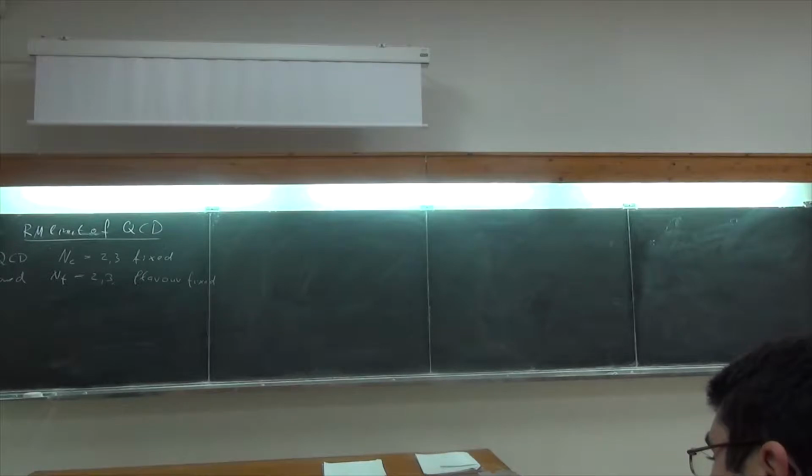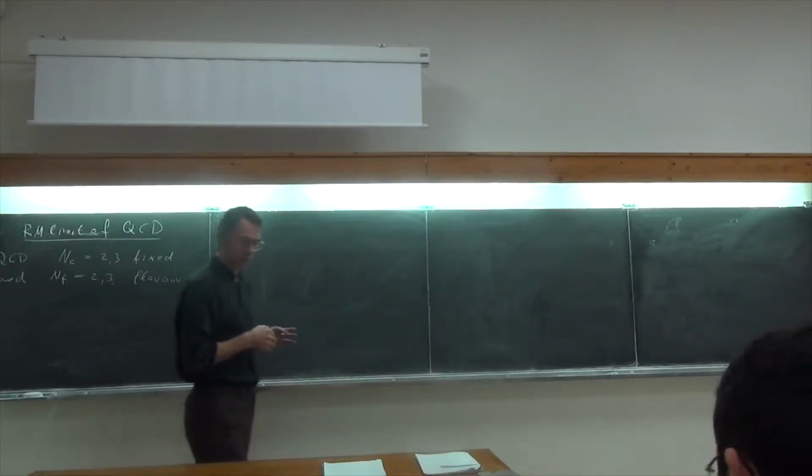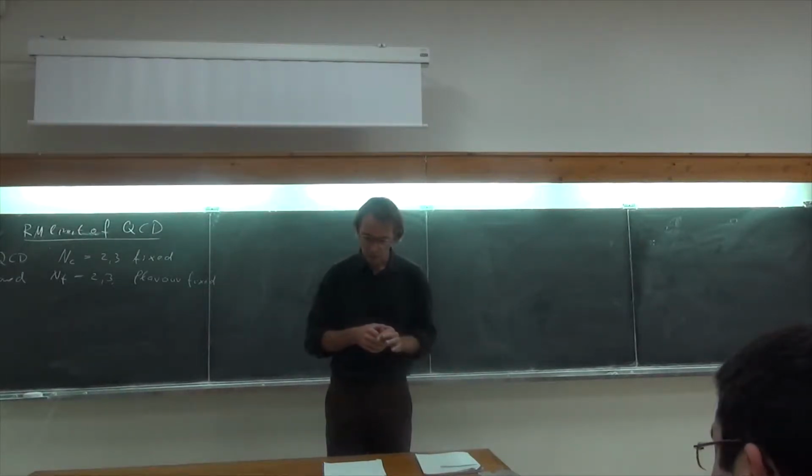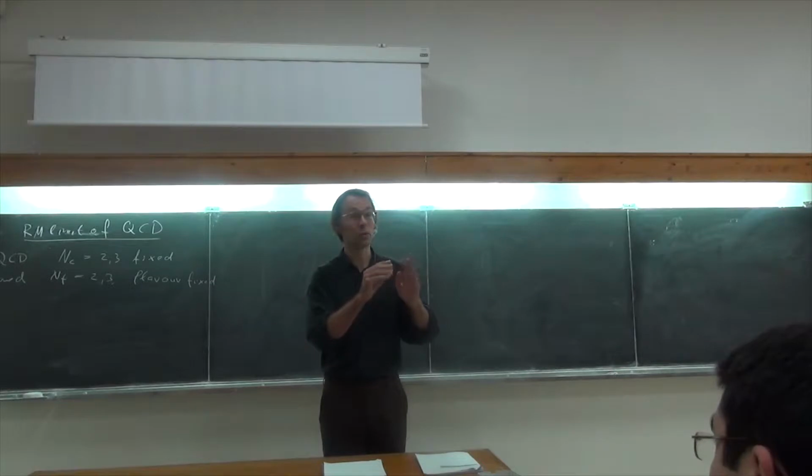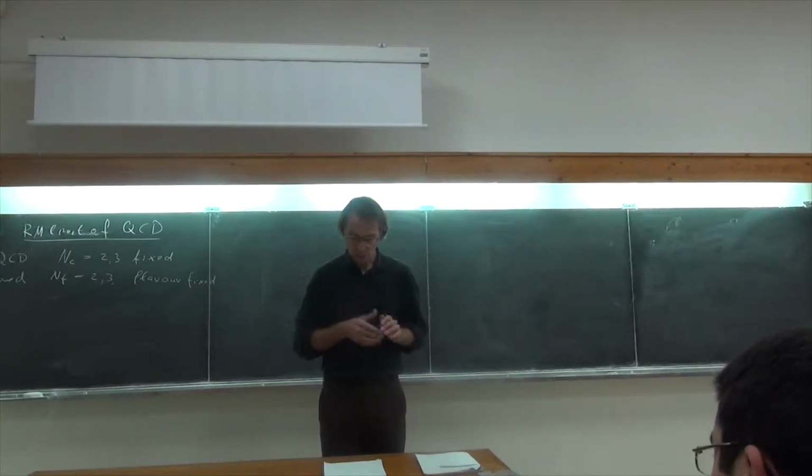So what we can hope at best is that in some limit this description will work. And I will explain more where this little corner is. So it will be very low energy, and we will see how it goes.